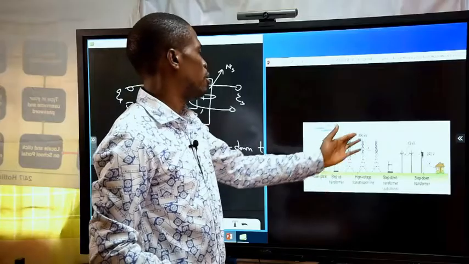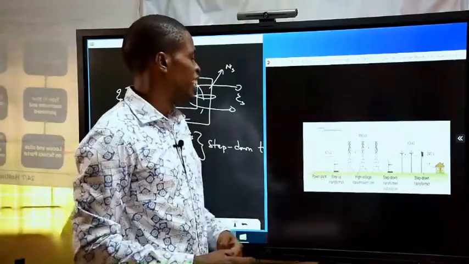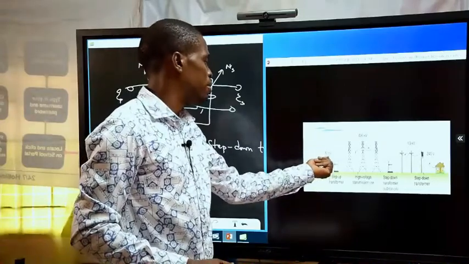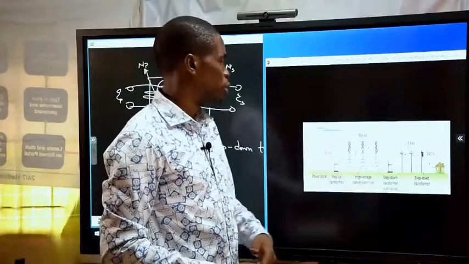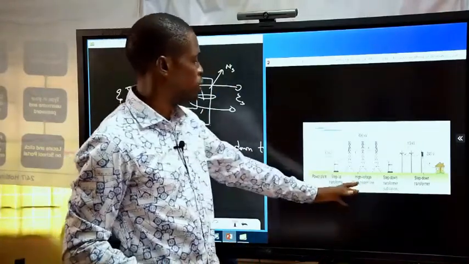We can also step it up to 400 kV at high voltage transmission by using a step-up transformer. Then it is transmitted through the transmission line.